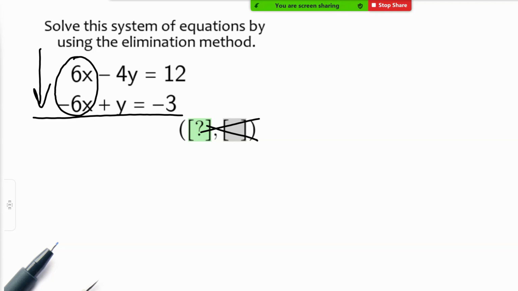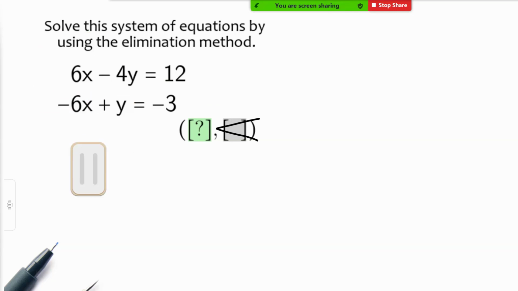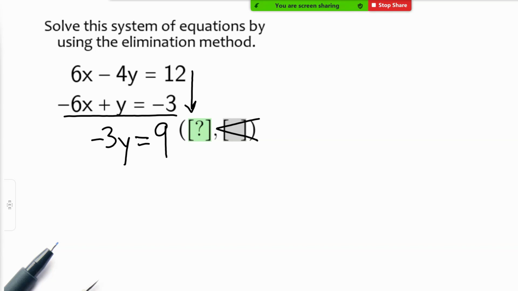The x's have been eliminated. And therefore, I am left with negative 4y plus 1y, which is going to give me negative 3y equals 12 minus 3 is 9.